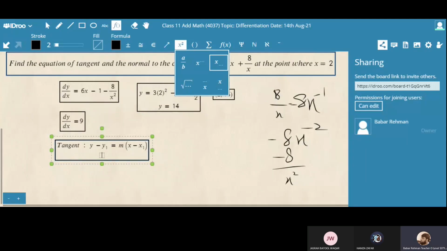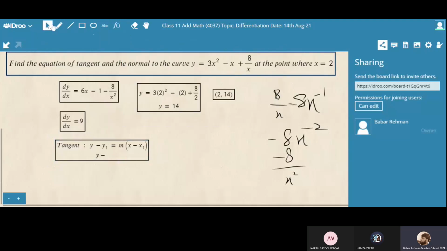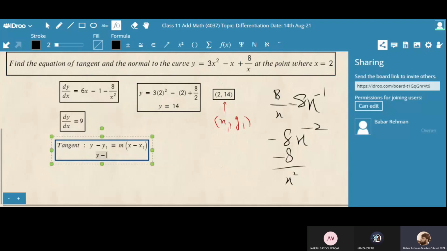Okay, student, y minus, what is y1? This is our x1 and y1. Remember, this is x1, y1. So we will substitute these values here. What is y1? 14. Be careful, negative sign is there.